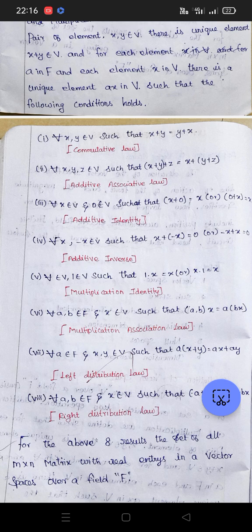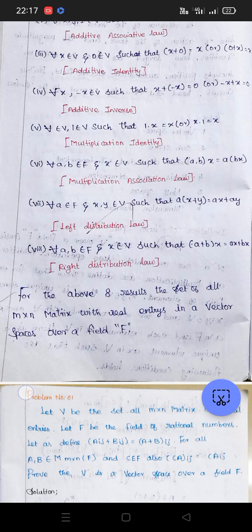The fifth one: for all x belonging to V, 1 belongs to F such that 1 dot x equals x, or x dot 1 is equal to x, the multiplication identity. The sixth law: for all a, b belonging to F and x belonging to V, (ab)x is equal to a(bx), the multiplication associative law.